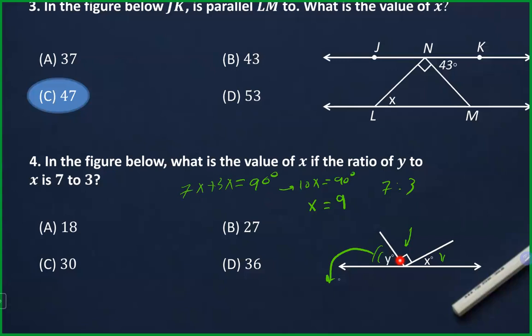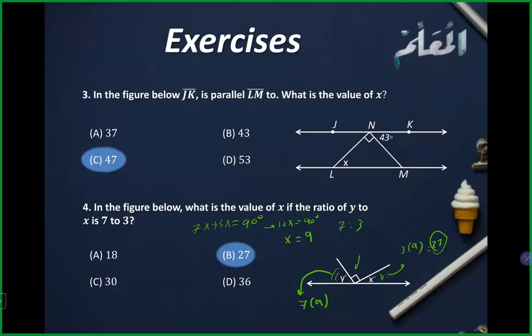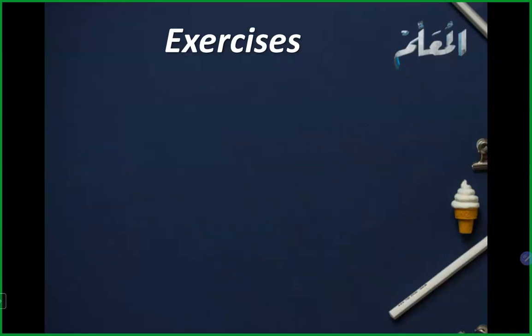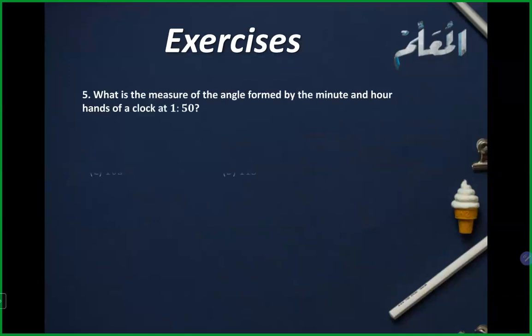Since the ratio of y is 7 times 9, and the ratio of x is 3 times 9, so this is equal to 27. So they want to find the value of x, and that equals 27. Okay.